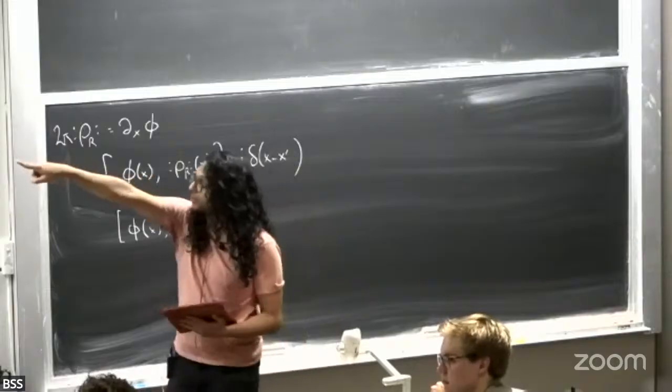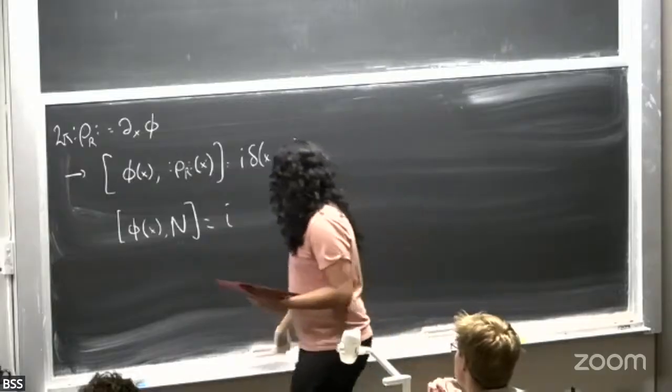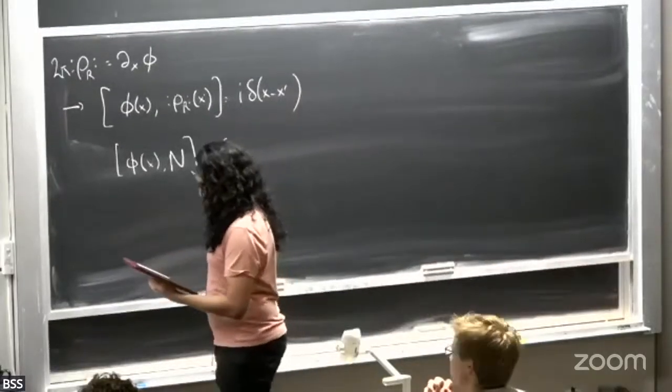Okay, so because the Hamiltonian over there is only dependent on the density, you can immediately write down what the Hamiltonian looks like in terms of this phi variable.